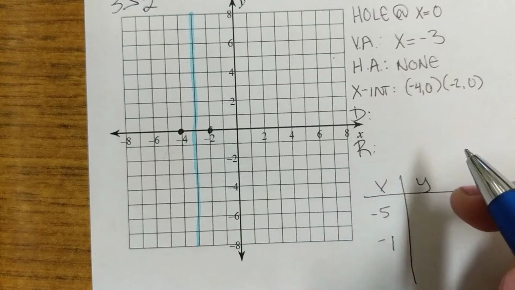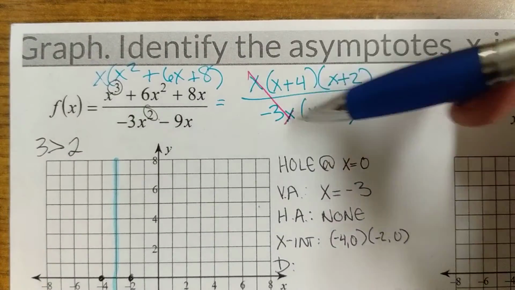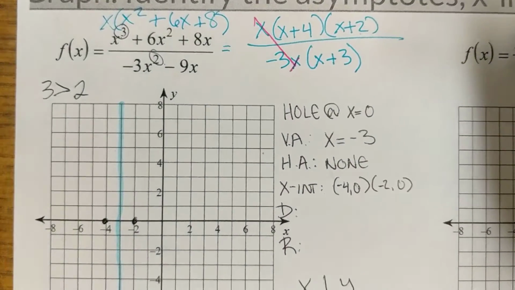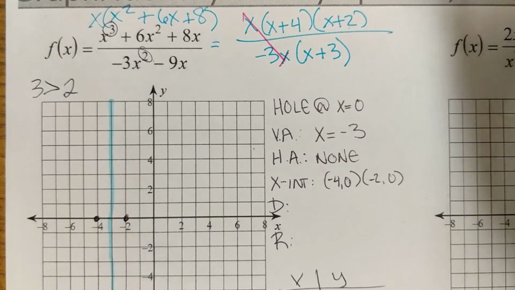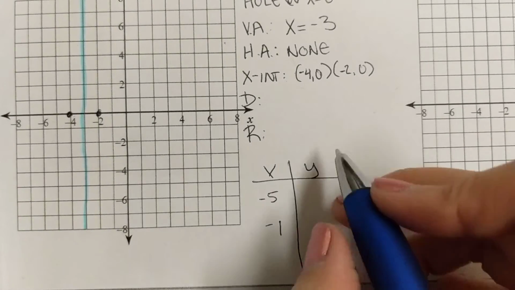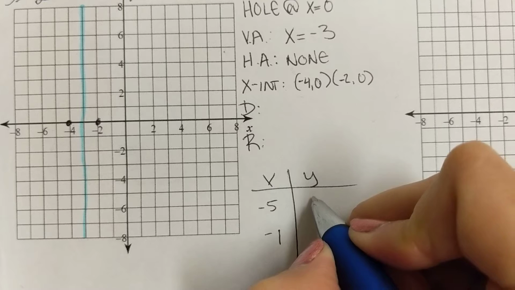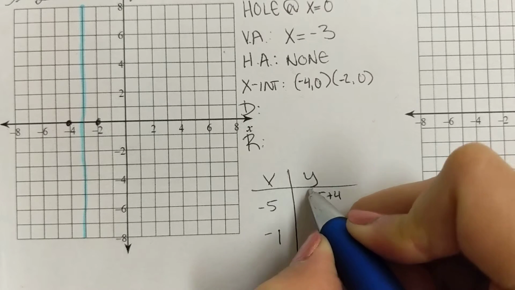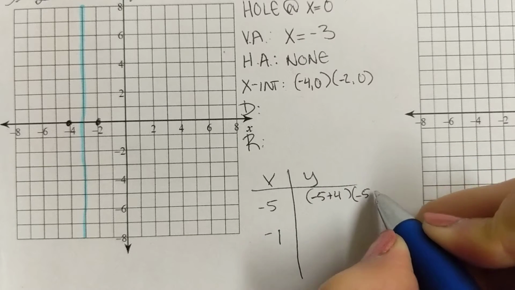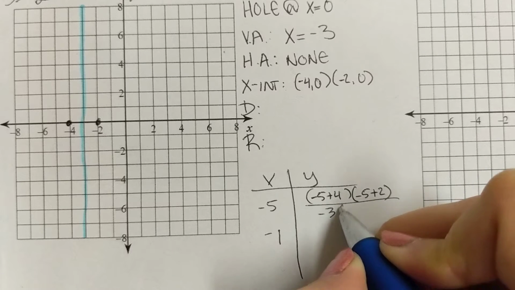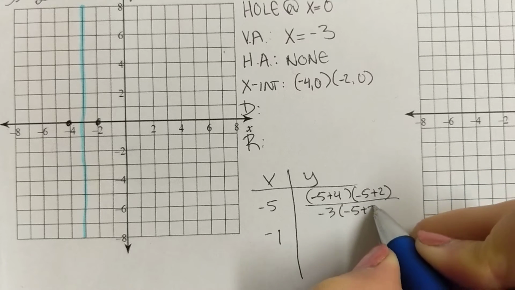I'm going to plug it into the factored version, which is a little bit more simplified. So negative 5 plus 4, negative 5 plus 2 over negative 3 times negative 5 plus 3.